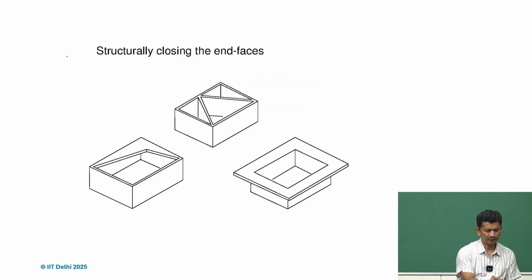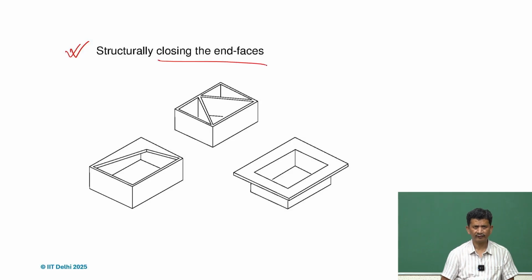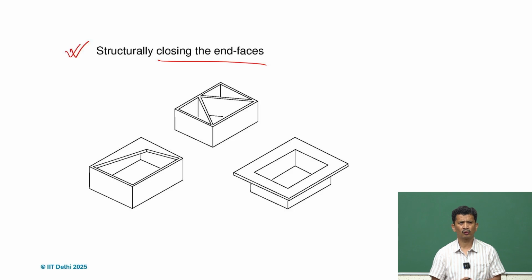There are also different ways to close the end faces, and why it's important is because a closed box is not that useful. We want to have access, we want to keep things, and we want to support. So we want to have high rigidity, but at the same time we also want access, so we want to have an opening. And for that region, though it's open, how to close it?